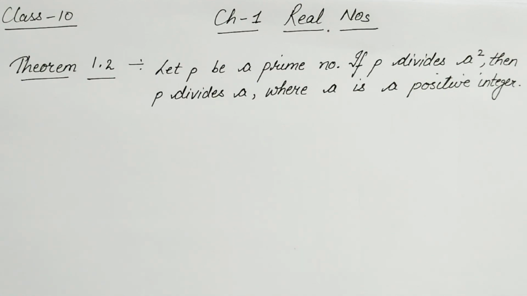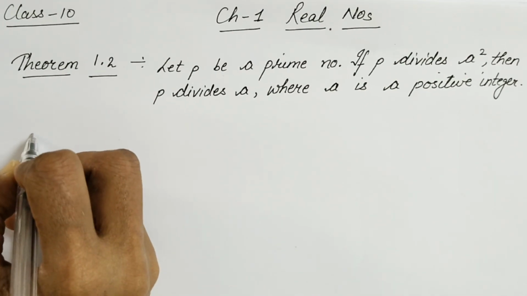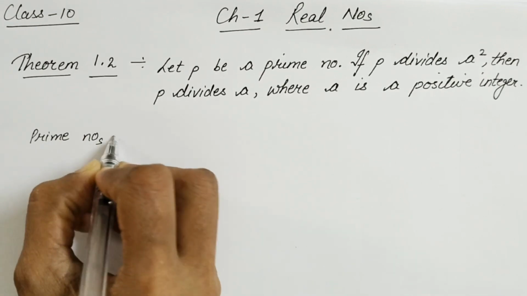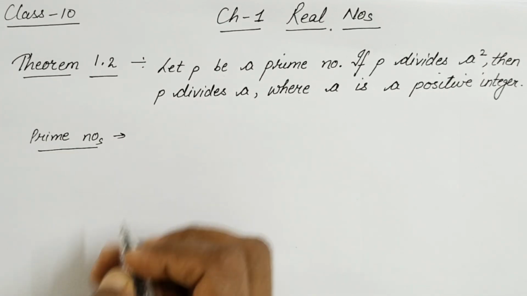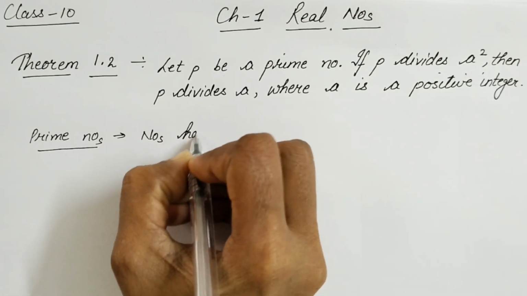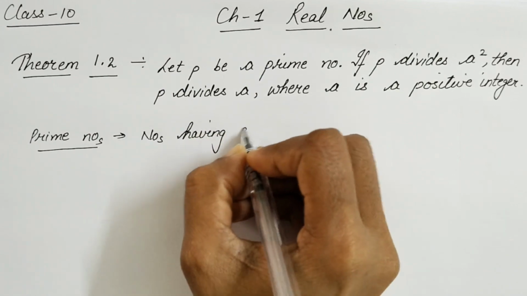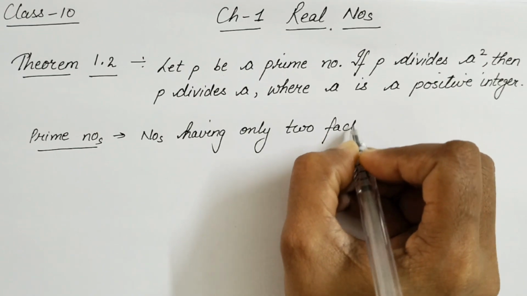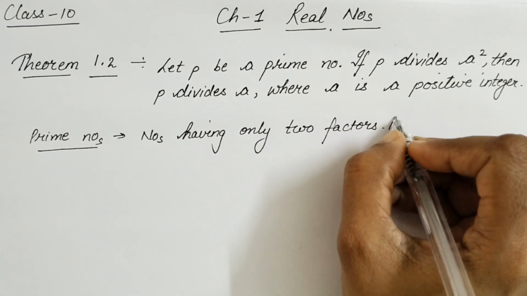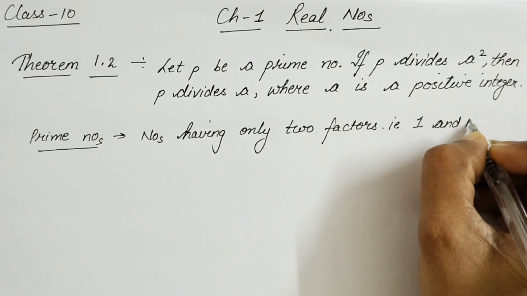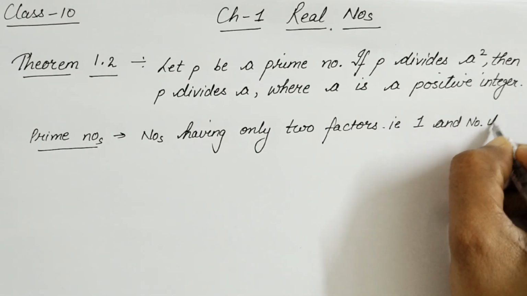First of all, you are going to understand what a prime number is. Prime numbers are the numbers which are having only two factors, that is 1 and the number itself.